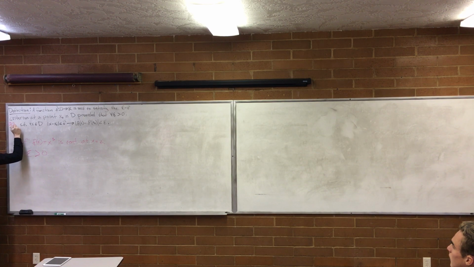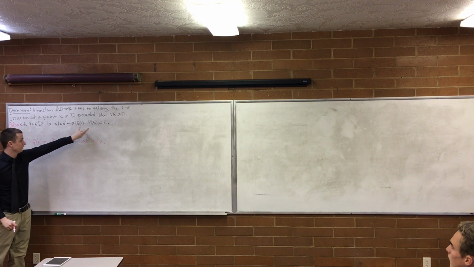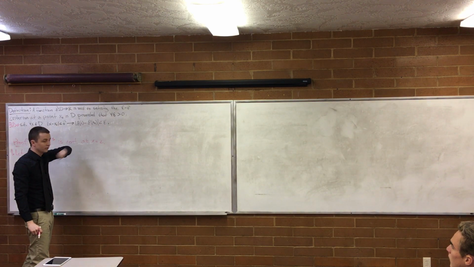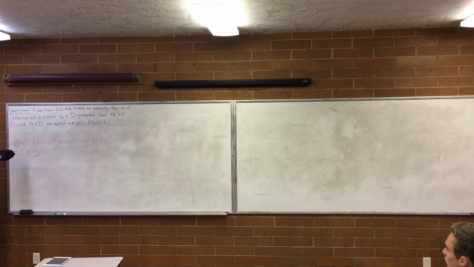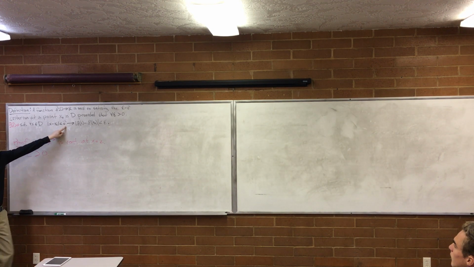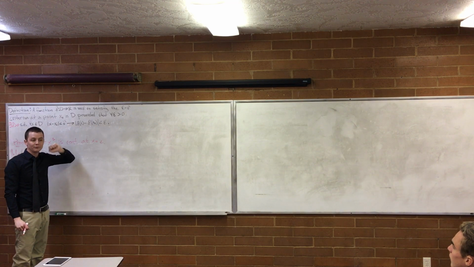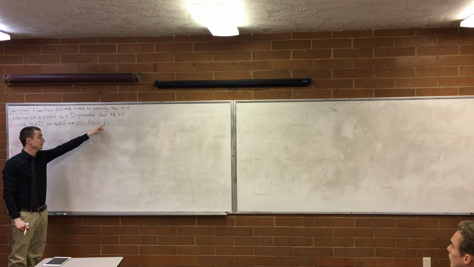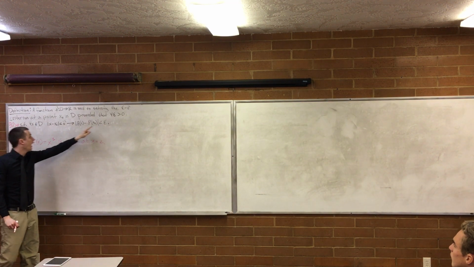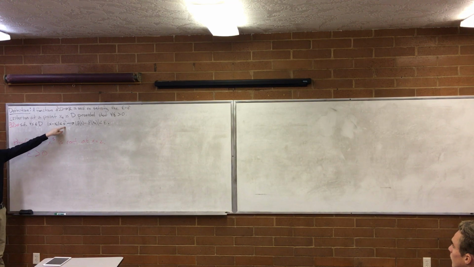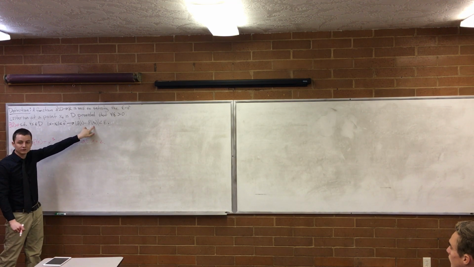There exists delta greater than 0, such that for any point in the domain, if the distance between these 2 points is less than delta, then the distance between these 2 images is less than epsilon. If 2 points in the domain are within delta of each other, then 2 points in the image are within epsilon of each other. So pick any small number here. I can always find a small number here, such that when this is true, then this is true.